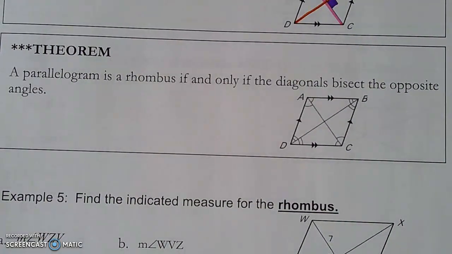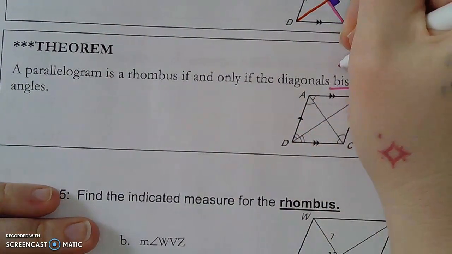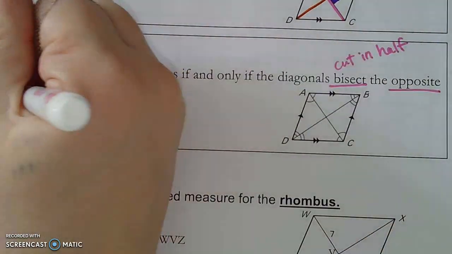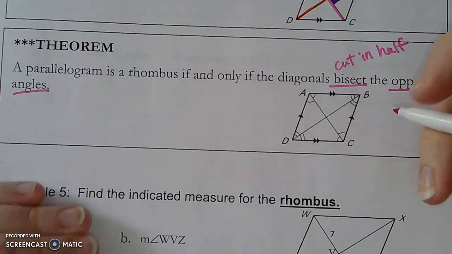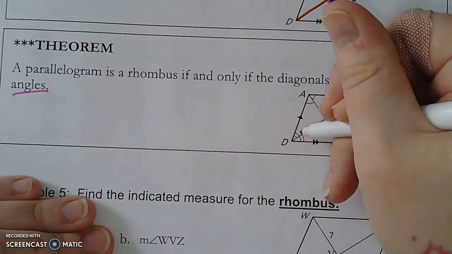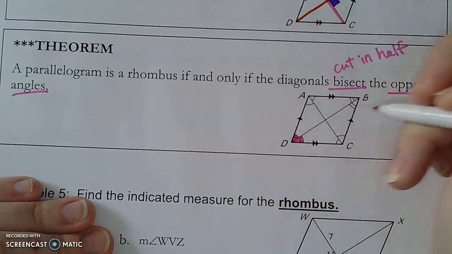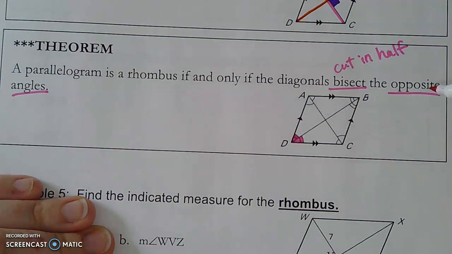This one says a parallelogram is a rhombus if and only if the diagonals bisect the opposite angles. Bisect meaning cut in half. Interesting. So that just means that this angle right here and this angle right here are going to equal the same thing.